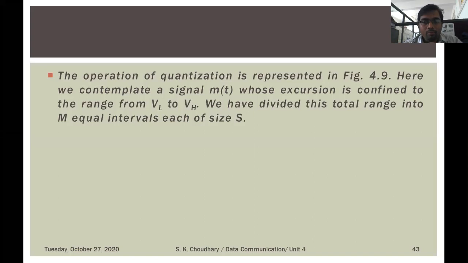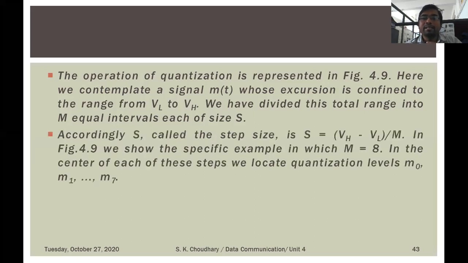This is the range of the signal m(t), and we divide the amplitude of the signal, ranging from VL to VH, into M equal steps, and each step has the size s.